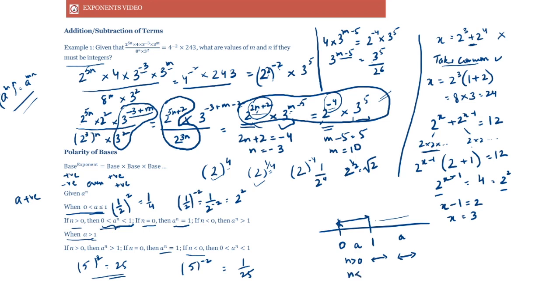When the exponent is negative, then if A is between 0 and 1, the term flips and goes to greater than 1. And if A is greater than 1, the term flips and goes to between 0 and 1. So think about it. If I have a positive number, no matter how many times I multiply it with itself, it'll never become negative. Even if I raise it to a negative exponent, it'll just flip, it'll become its reciprocal, but it will still not acquire a negative sign.